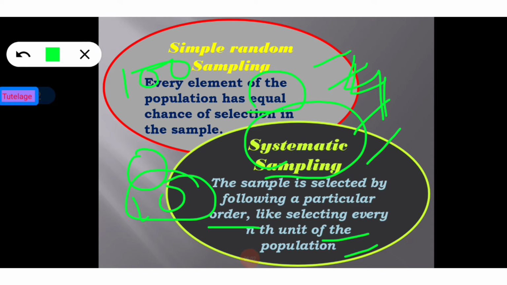It is a part of quasi probability sampling, not the probability sampling, as the first person is chosen randomly, and then the subsequent persons are chosen by calculating the next nth unit of the population. That is called systematic sampling. I think this is clear. What do you mean by systematic sampling?